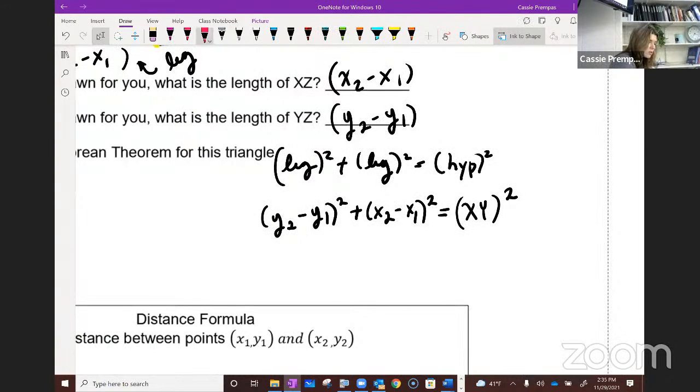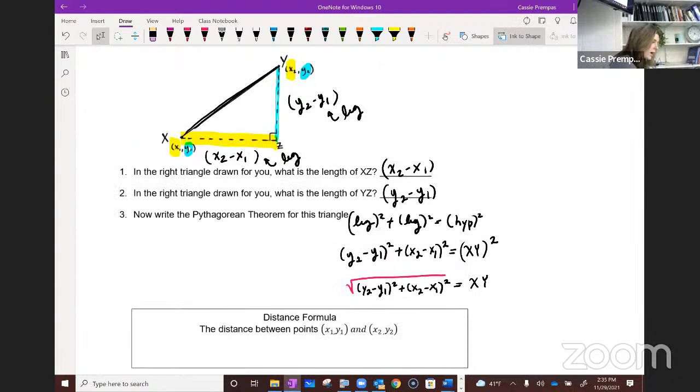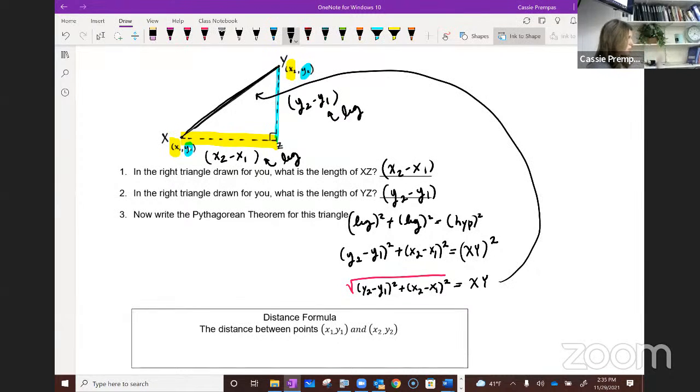Square root. So the square root of y2 minus y1 squared plus x2 minus x1 squared is going to equal the length of xy. And just so we know, xy represents the distance between point x and point y.